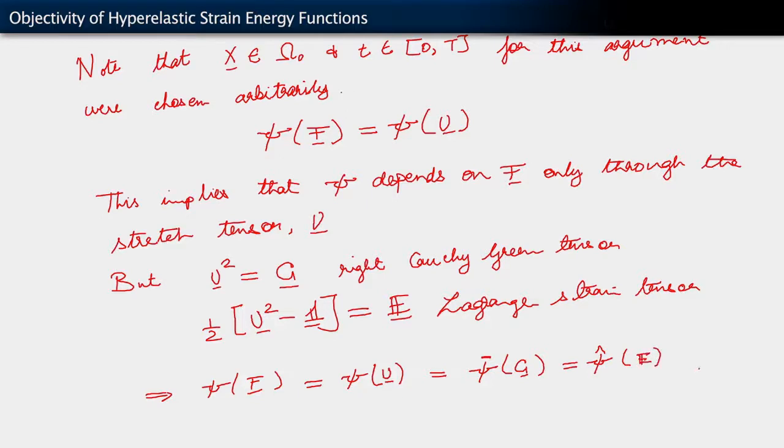So all of these are admissible strain energy functions. And all of them satisfy this requirement of objectivity, or as it is sometimes also referred to, the requirement of frame invariance.